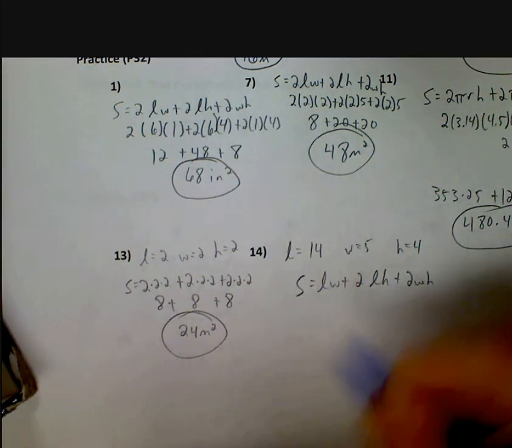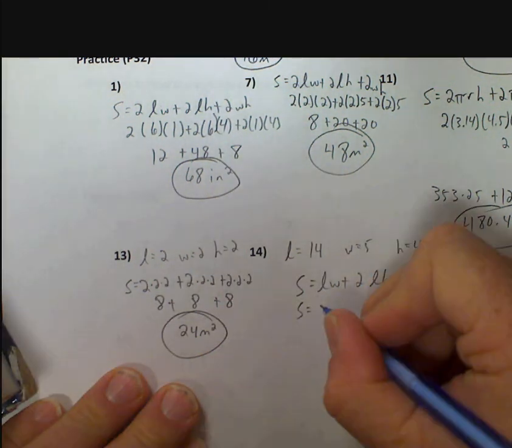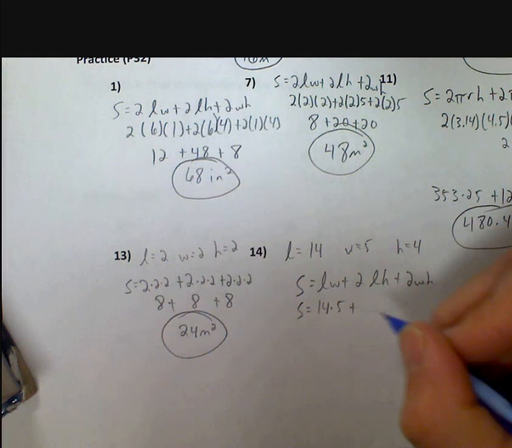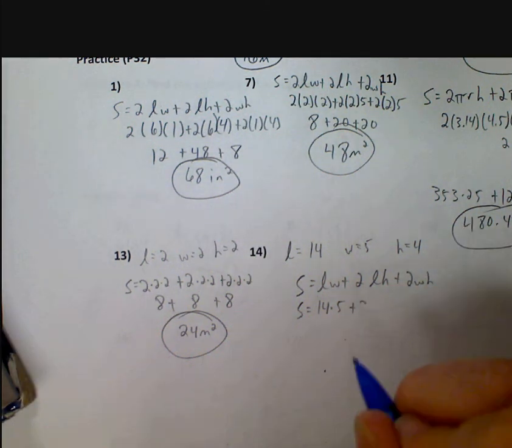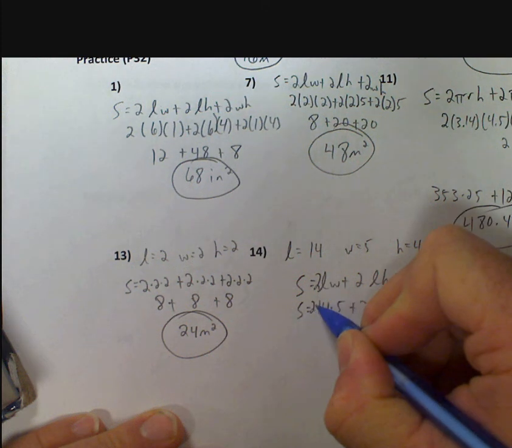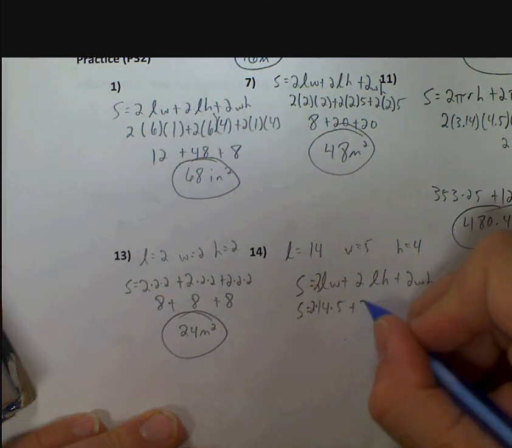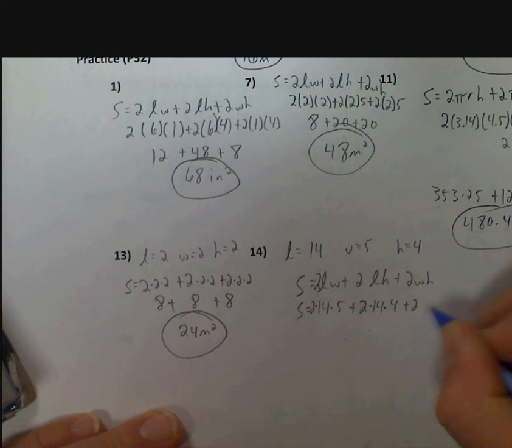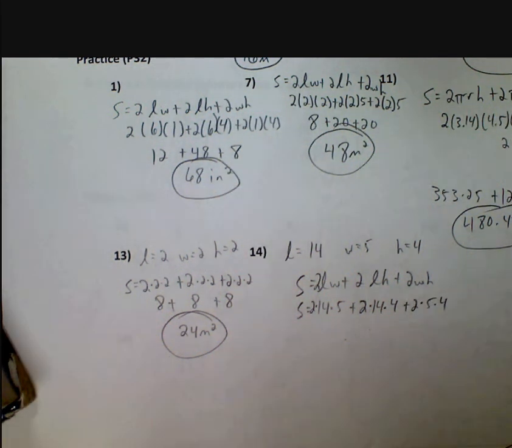Now we can go ahead and plug in. My length is 14 times 5 plus 2, and I apologize, my 2 needs to be here as well. 2, my length is 14, my height is 4. Then I have 2, my width is 5, my height is 4.